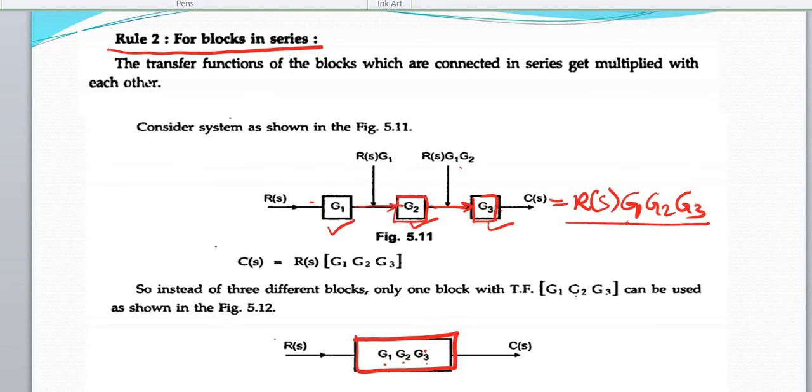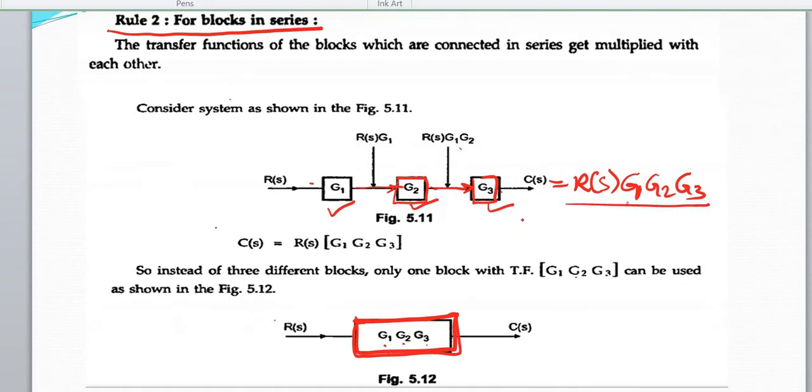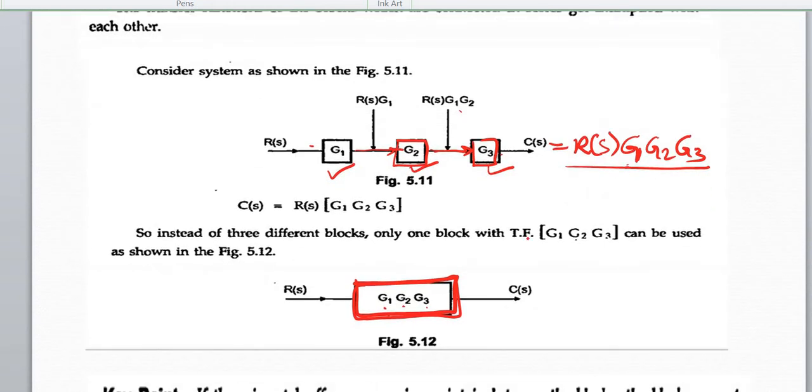Instead of 3 blocks separated as G1, G2, G3, they can be treated as series blocks and their resultant or equivalent transfer function will be the multiplication of the 3 transfer functions, that is G1 into G2 into G3. This type of representation is called blocks connected in series.